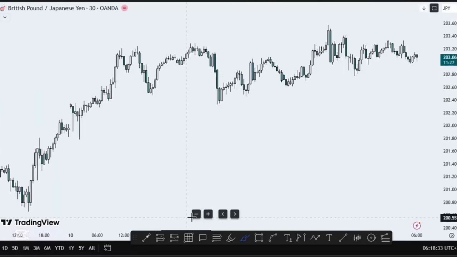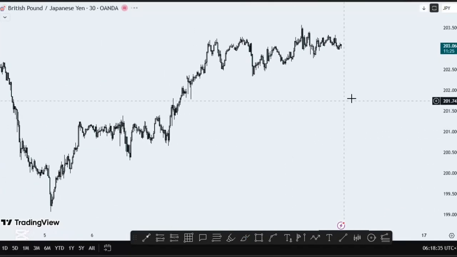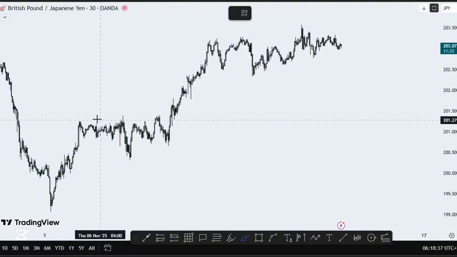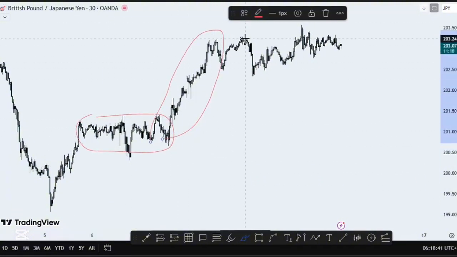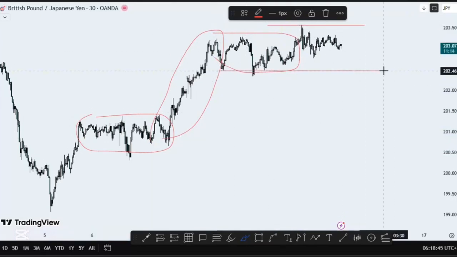So here it is on the 30-minute time frame. As you guys can see, price has been accumulating here, and then we showed a strong bullish momentum, and then another accumulation here. Now we're still in an accumulation phase, and a bigger accumulation phase actually. So price right now is preparing for its next move.